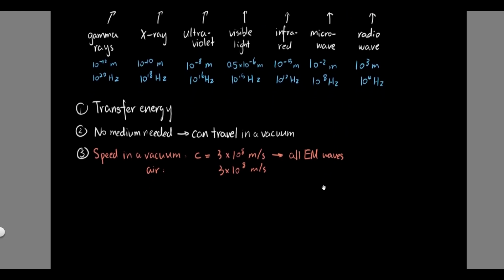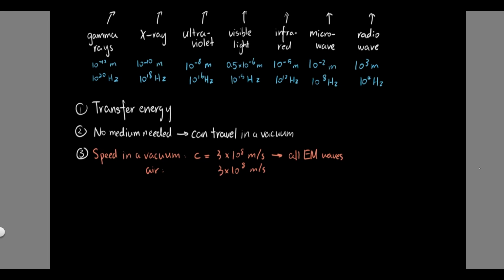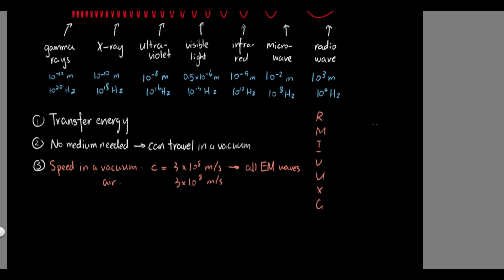If you go from right to left, you get R M I V U X G. That stands for Real Men In Vegas Use X-ray Guns. I don't know, just fun stuff. You can come up with your own mnemonics probably. And the way I remember it actually is if you start, I'll leave it here actually.